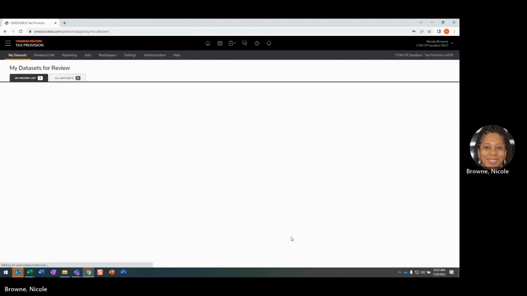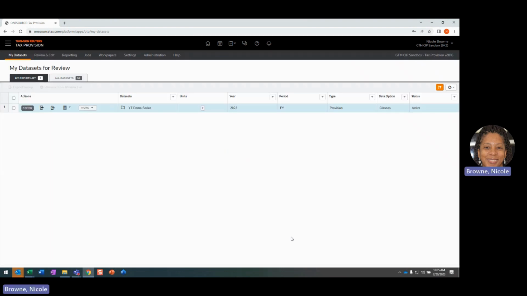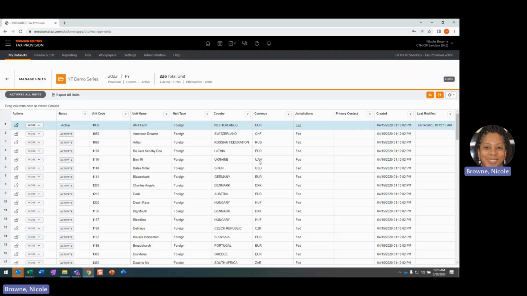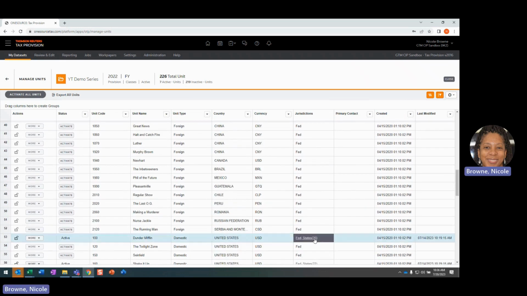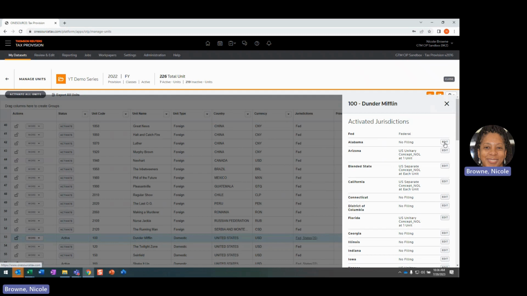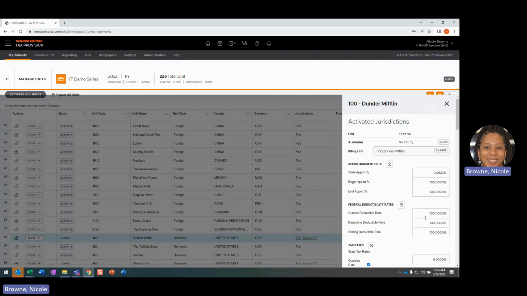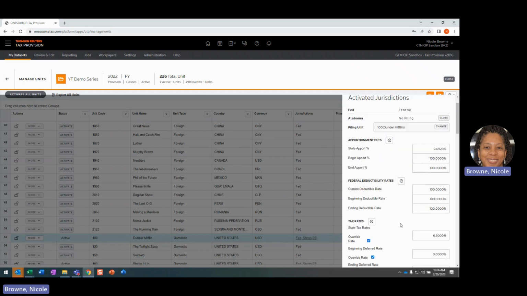So we know in the United States, we are able to deduct the state taxes that we accrue, whether it be on the current calculation or on the deferred calculation. Whenever we set up a unit at a particular local jurisdiction, one of the things we have to say is what our federal deductibility rates are.